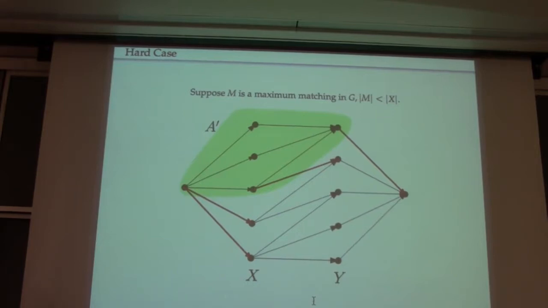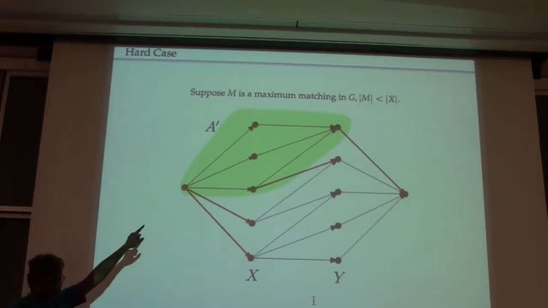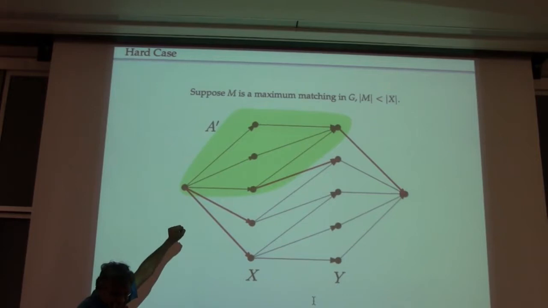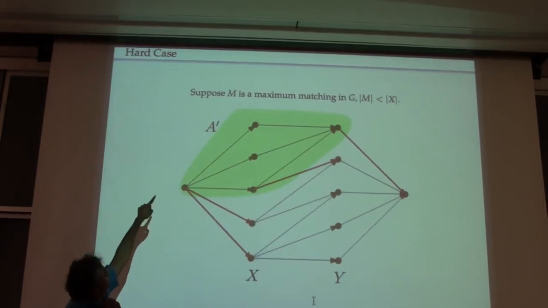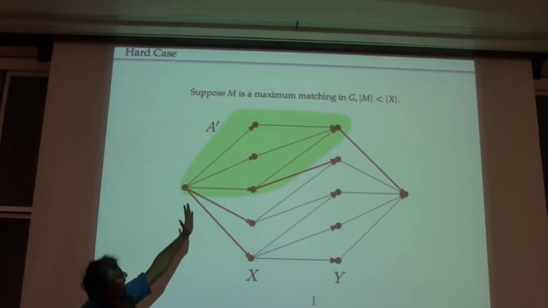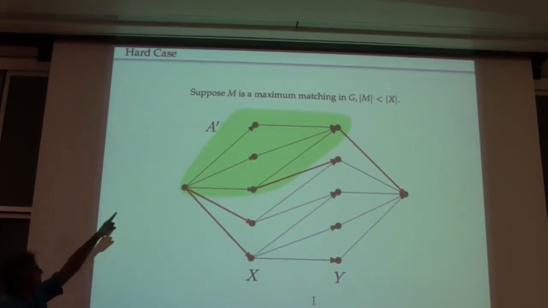And this set here, A prime, this is the set of vertices. So let's say these are the set of vertices in the cut on the left side of the graph here. So I have these vertices here, that's my cut. The red edges are the edges on which flow is going.